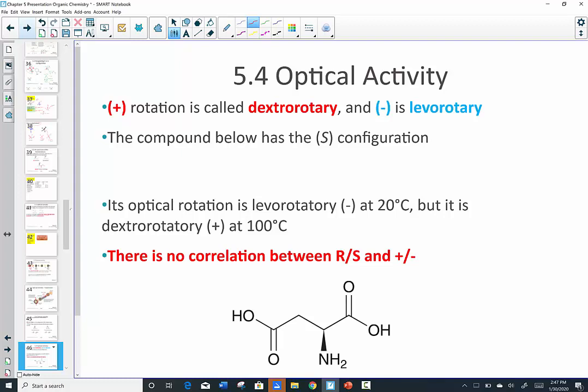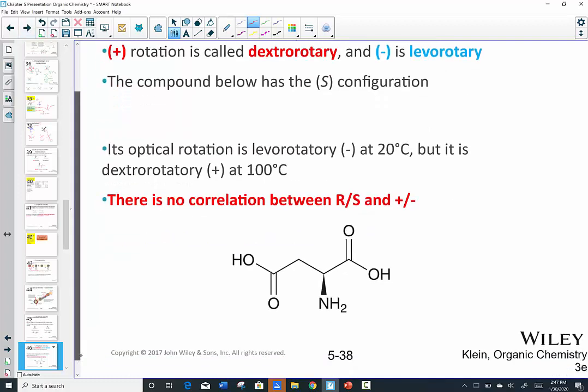It has absolutely no correlation with being R or S. The only thing we know for sure is if the R, let's say, spins positive 20 degrees, the S will do exactly the same thing in the opposite direction. It'll be a negative 20 degrees in terms of rotation from the zero. Negative 20, positive 20 in terms of rotation of the light.